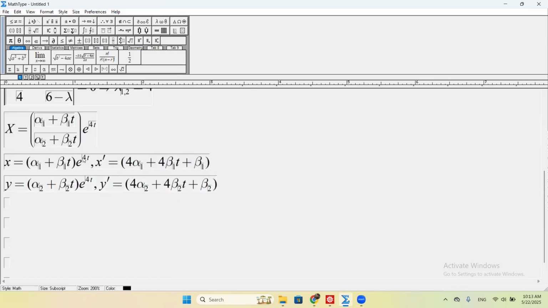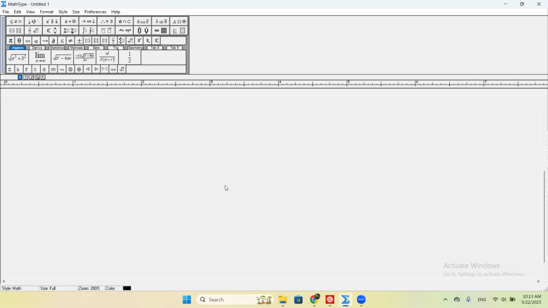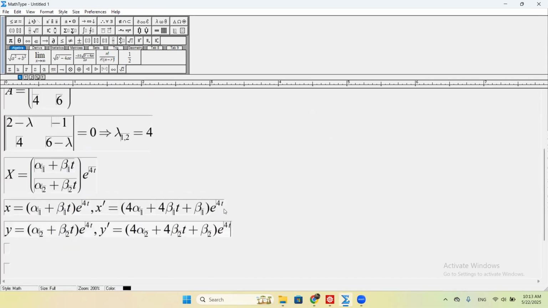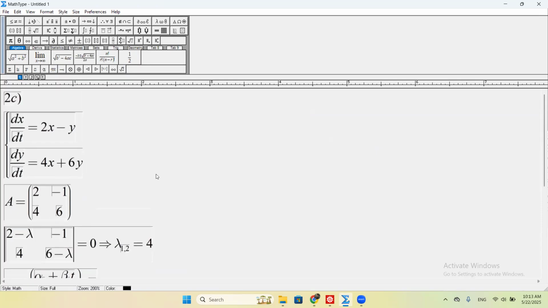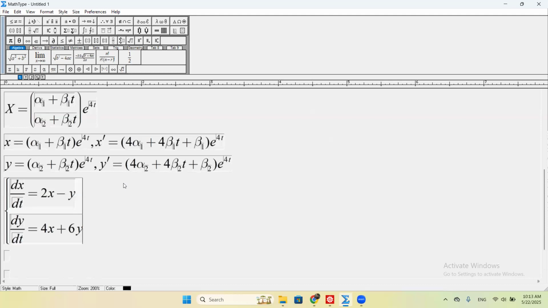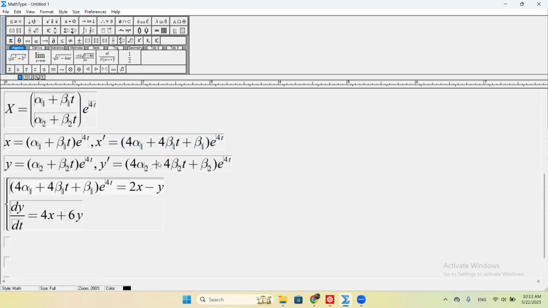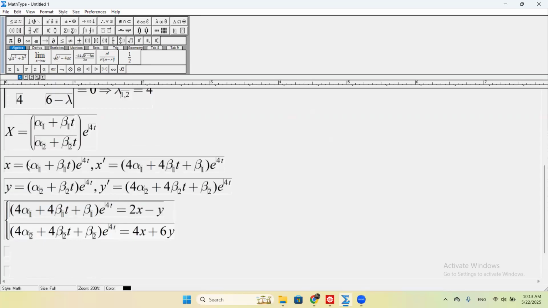I forgot to multiply by e to the power of 4t, so now everything is in the power of 4t. So everything is correct now. Now substituting it into the initial system: first substituting the derivatives, and then substituting the functions, x and y.